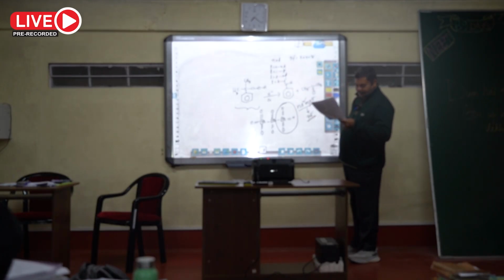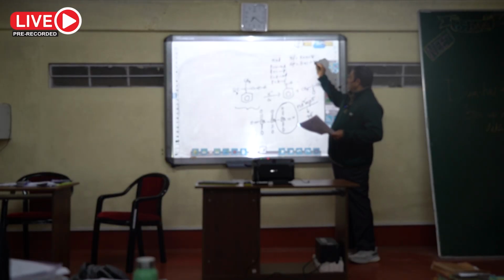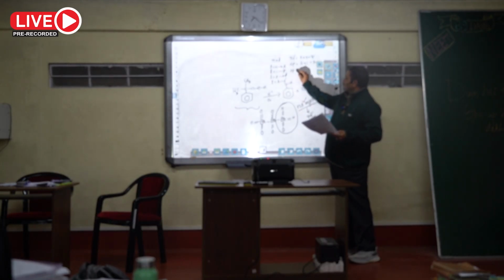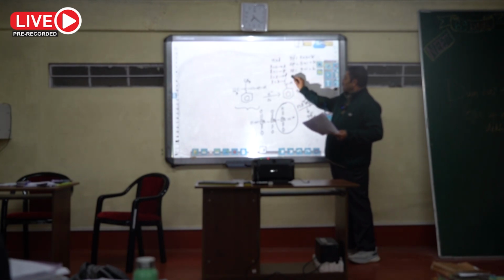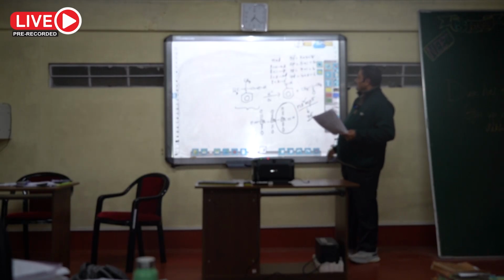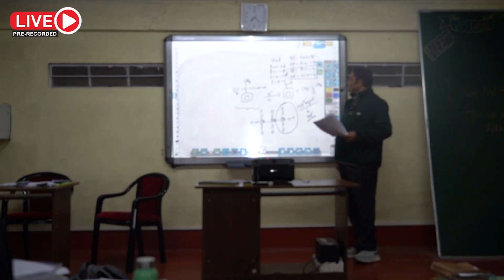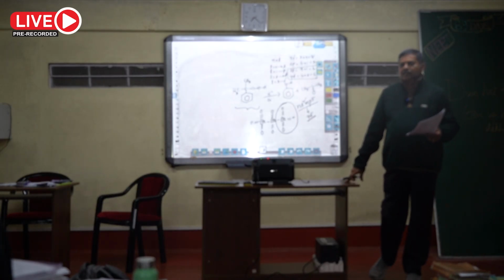Next is 6p, 6 plus 1, 7. Next 5p, 5 plus 1, 6. Next 4d, 4 plus 2, 6. Now these two have the same n plus l, but the n value of 4d is less, that's why it has the lowest energy. This is the above principle.